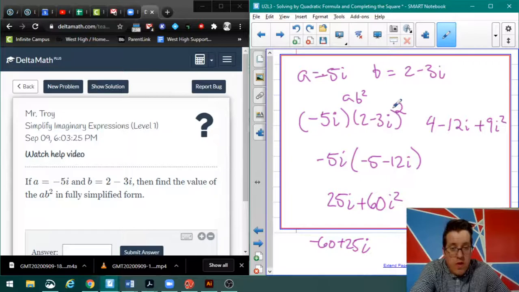Did I square that correctly? 2 times 2 is 4. 2 times negative 3 is negative 6. 2 times negative 3 is negative 6. Negative 3 times negative 3 is positive 9. Then this becomes 4 minus 9, so that's negative 5. Multiply: 25i plus 60i squared. Okay, I think it's right.